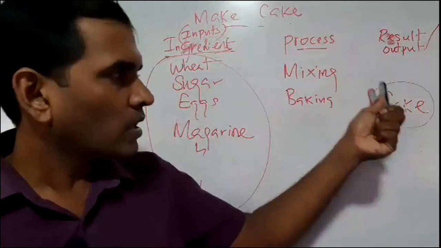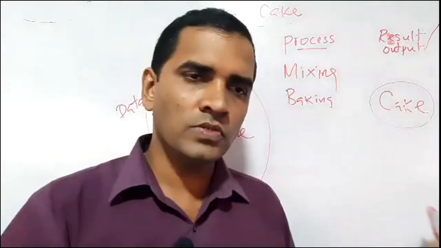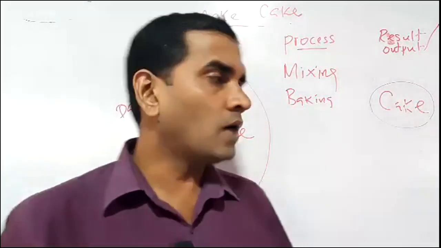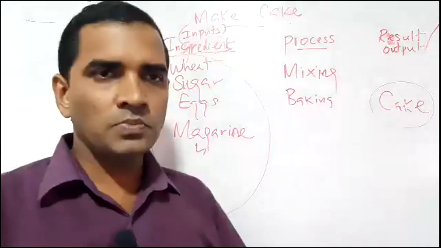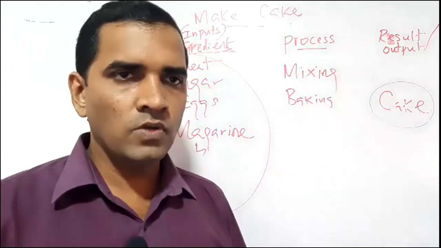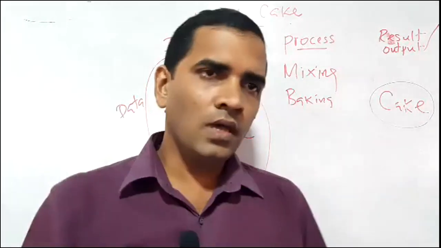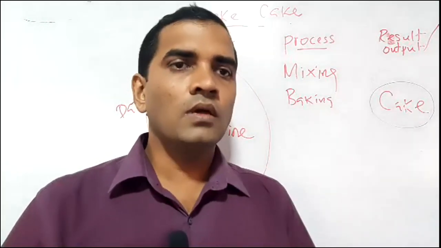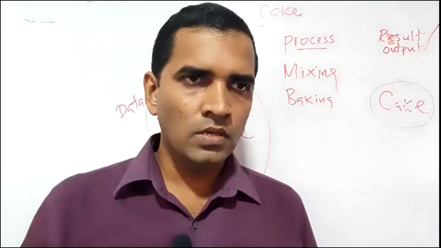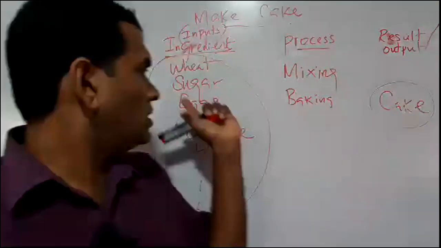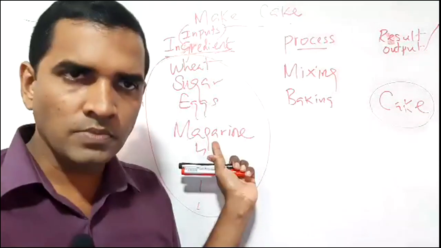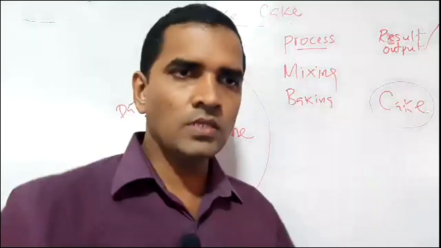So here, the cake is information because the cake is obtained after performing such processes. Have you understood? So in this case, our data and also our information are related to food items. Here everything is data, they are food items. Here it is information, that is a food item.